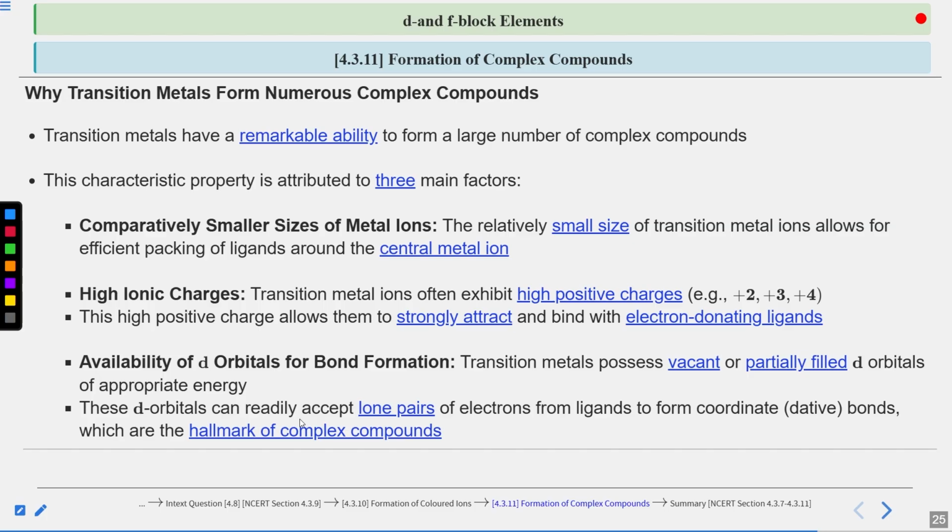These d orbitals can readily accept lone pairs of electrons from the ligands to form coordinate or dative bonds, which are the hallmark of complex compounds. This is how complex compounds form, by the formation of coordinate bonds between the metal and the ligands. Ligands donate their lone pairs of electrons to the vacant or partially filled d orbitals of the metal, due to which the bond forms and the complex compound forms.